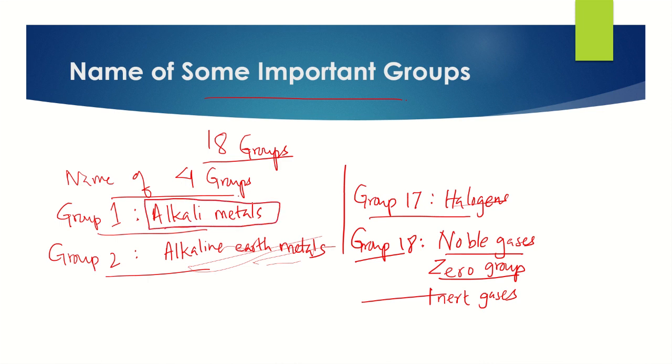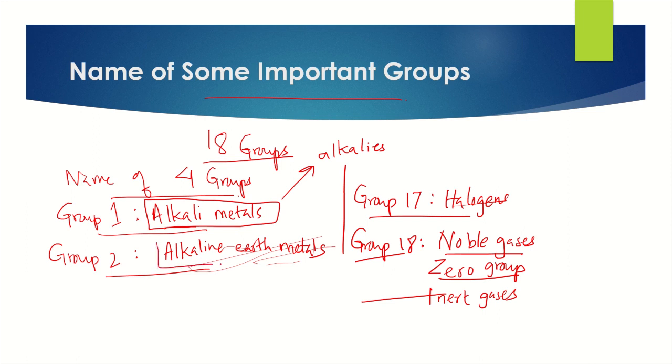Alkali metals, the group number 1, are called alkali metals because these metals form alkalis when they react with water. That's why the group number 1 elements are called alkali metals.